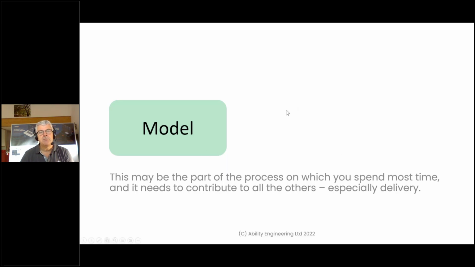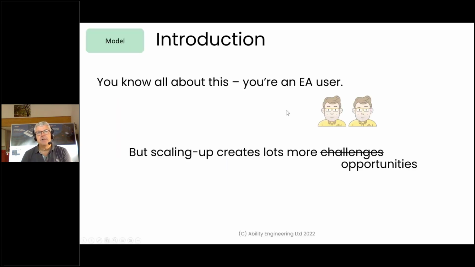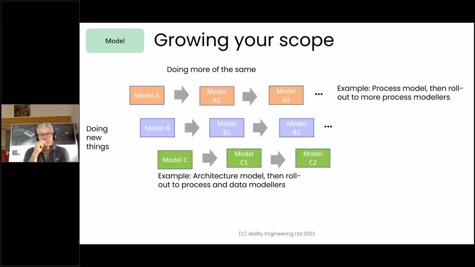This is what my guys are into at the moment. So yeah, you know about modeling, but do you know about scaling up modeling? I'm just going to share 2 or 3 ideas with you in this area without trying to cover absolutely everything. There are 2 ways that your modeling can go from here.